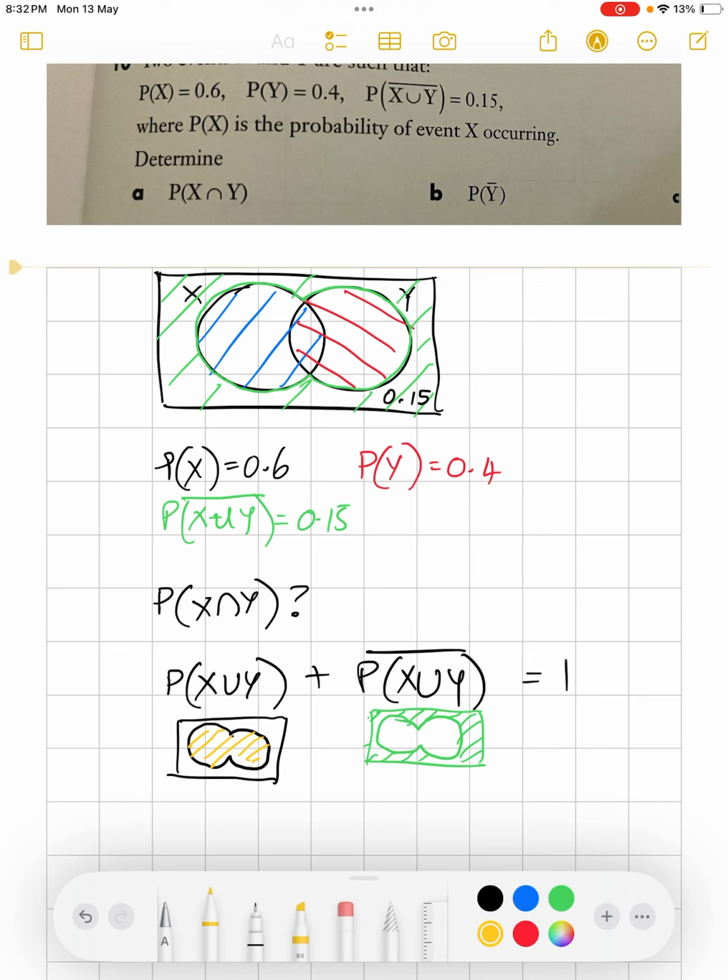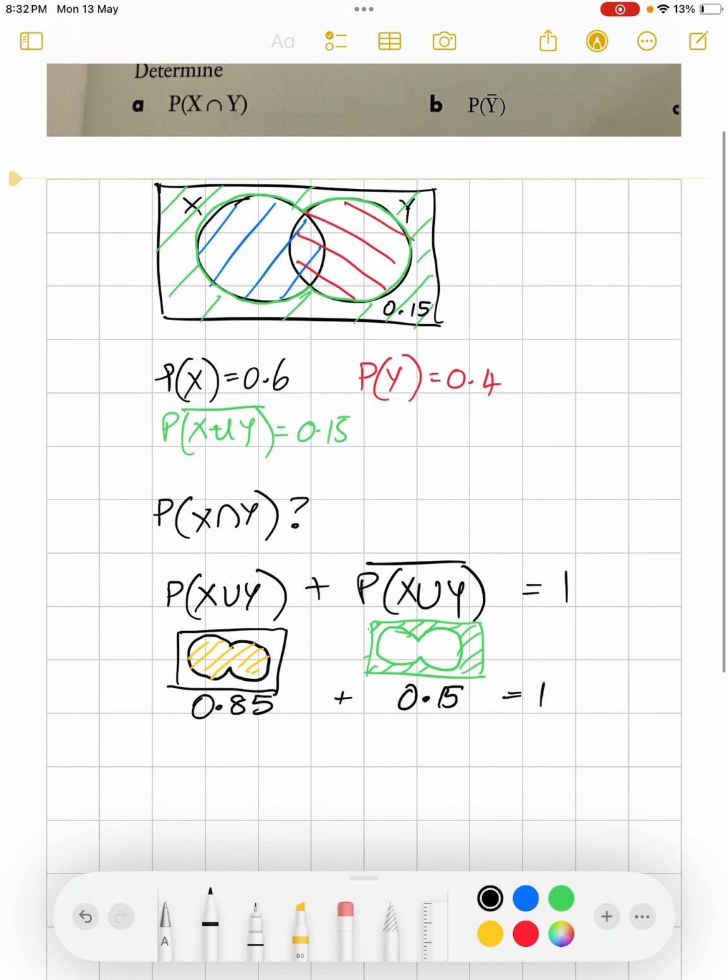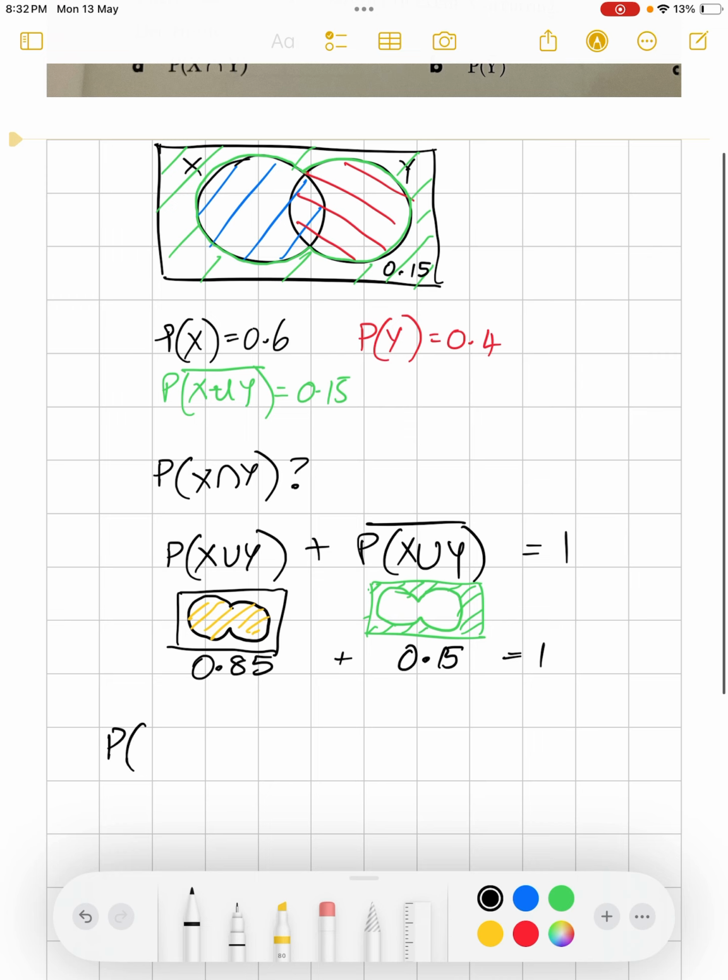It's everything wherever you've shaded inside X and Y. So therefore, if this is 0.15, then this must be 0.85. All right, so we know that the probability of X union Y is going to be 0.85.